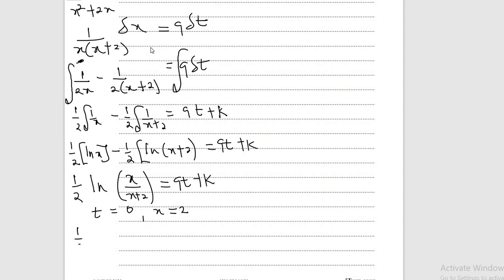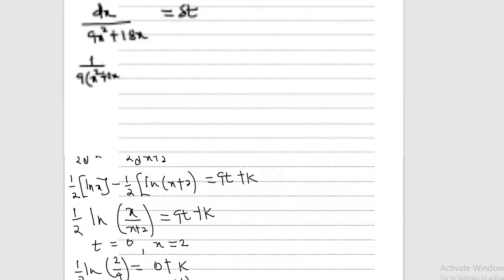So I have half ln of 2 over 4 equal to 9 times 0, which is 0, plus k. At the end of the day, our constant will be half ln of 2 over 4, which can be half ln half. So add the constant back.